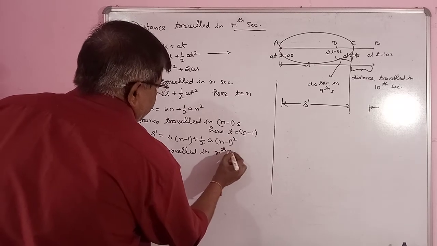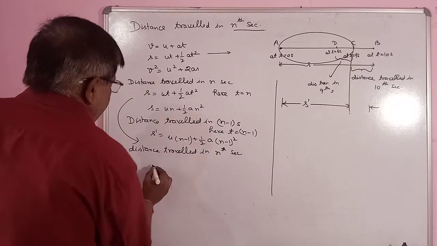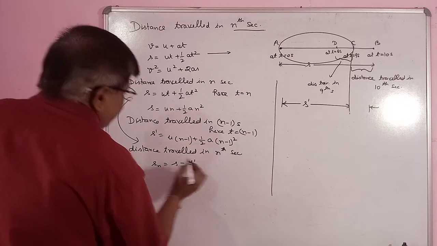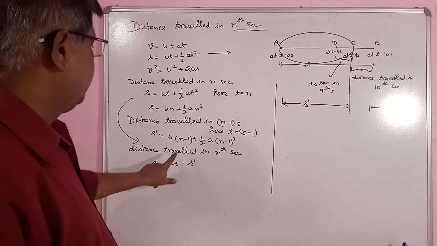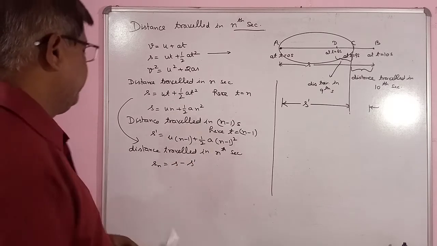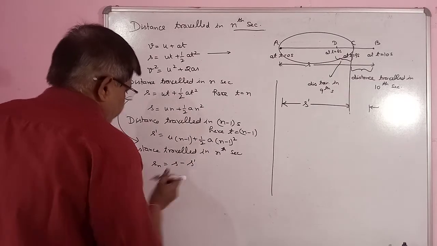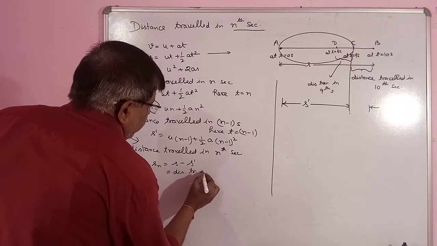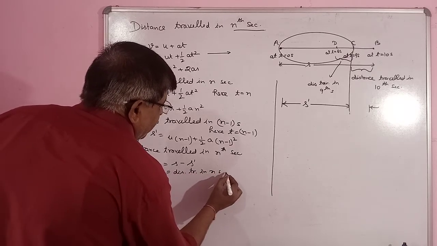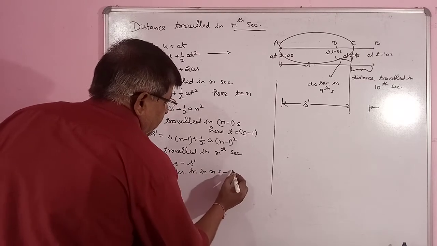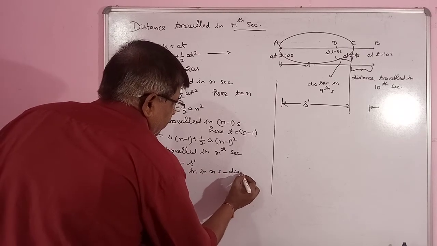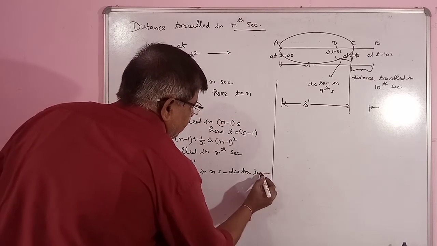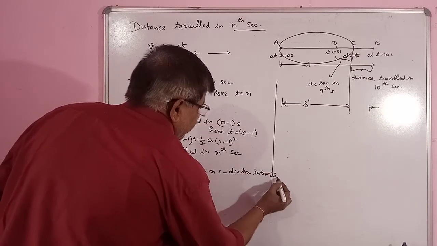So distance traveled in the nth second, Sn equal to S minus S dash, means distance traveled in n seconds minus distance traveled in n minus 1 seconds.